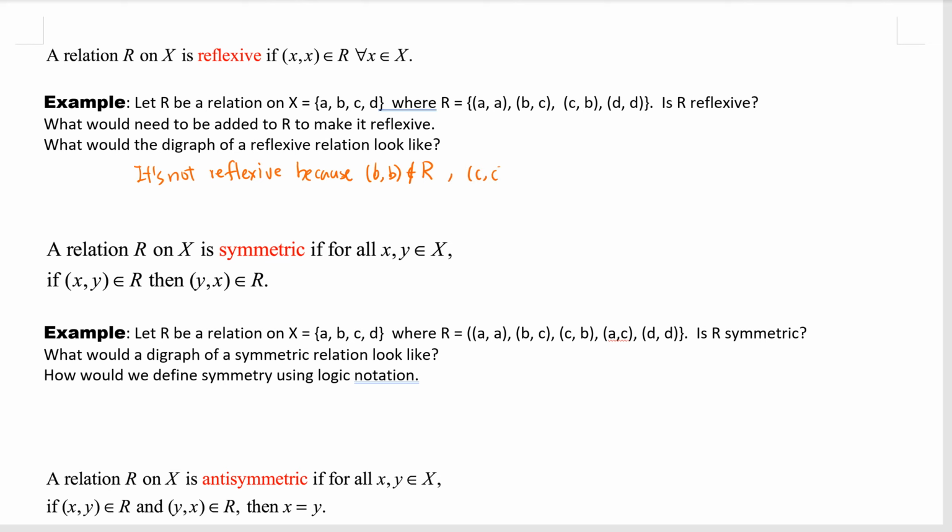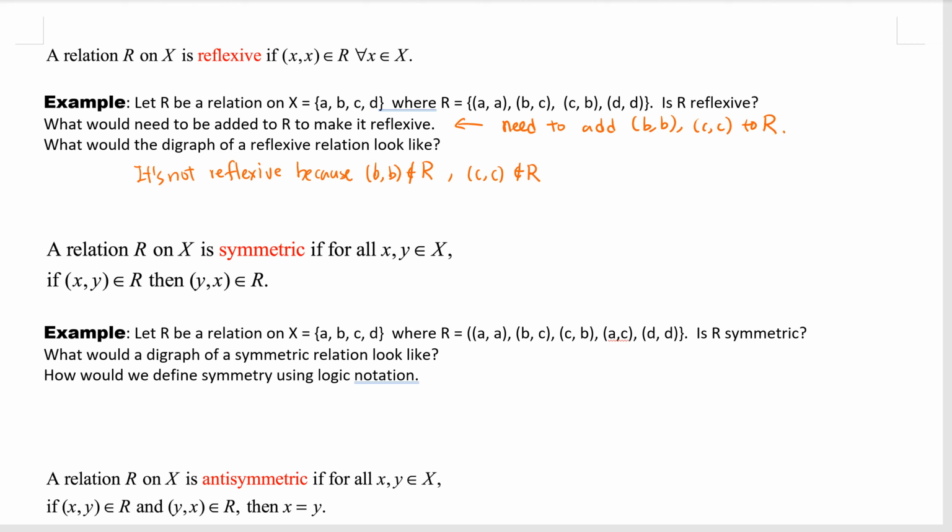No, so CC is also not in R. It also contains DD. So how do we make R reflexive? We need to add BB and CC to R.